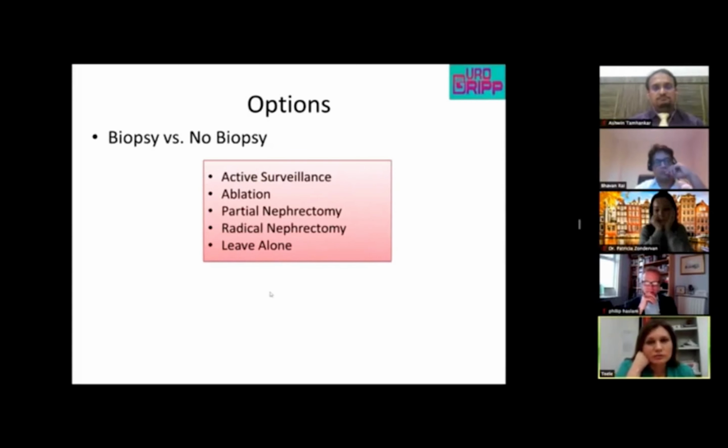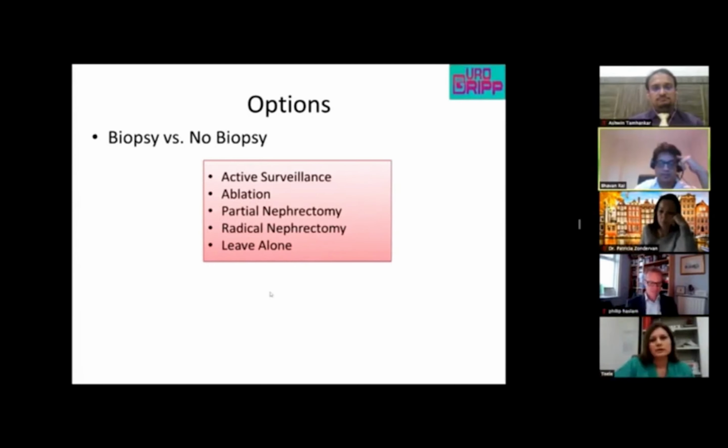Also, there would be the question of what kind of comorbidities or what the kidney function was before the operation. But as I remember, this patient had everything in normal values. Or would you have preferably partial nephrectomy because of the age.